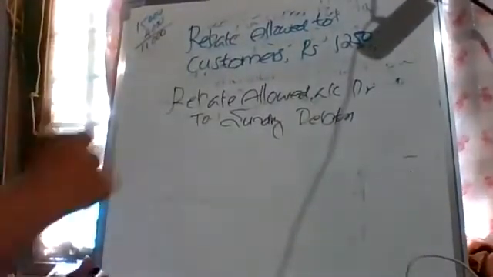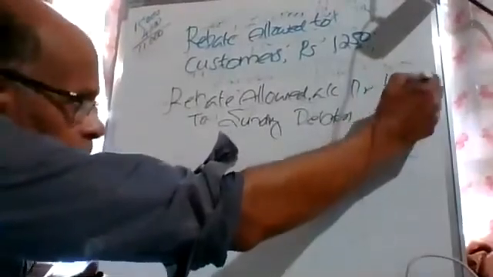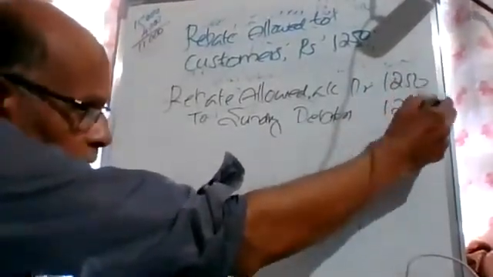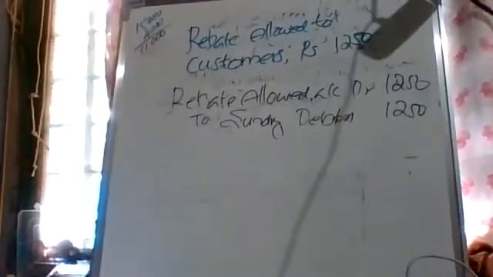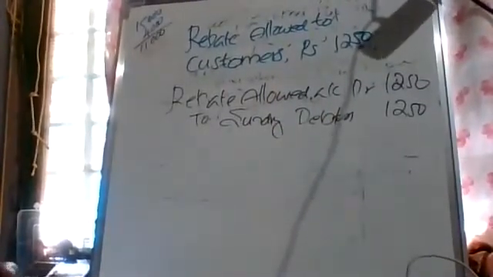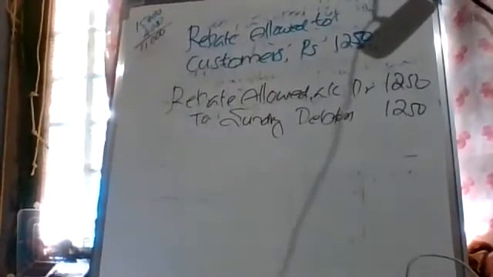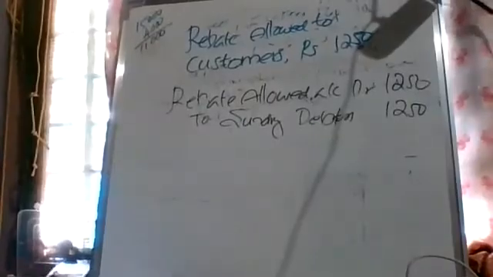Amount 1,250. By allowing rebate, we are informing the customers this much amount you don't need to pay. So the amount receivable from the sundry debtors will be increasing or decreasing, children? Decreasing, sir. Yes. So go to the parallel record.